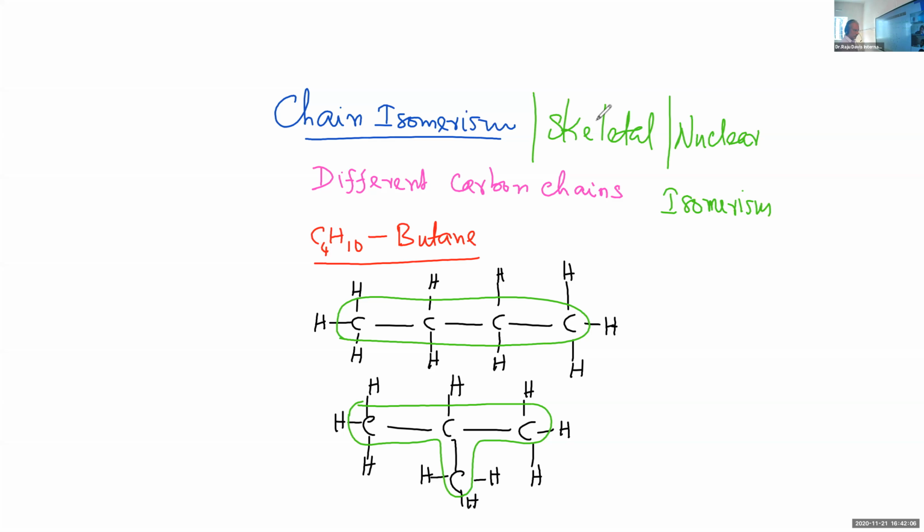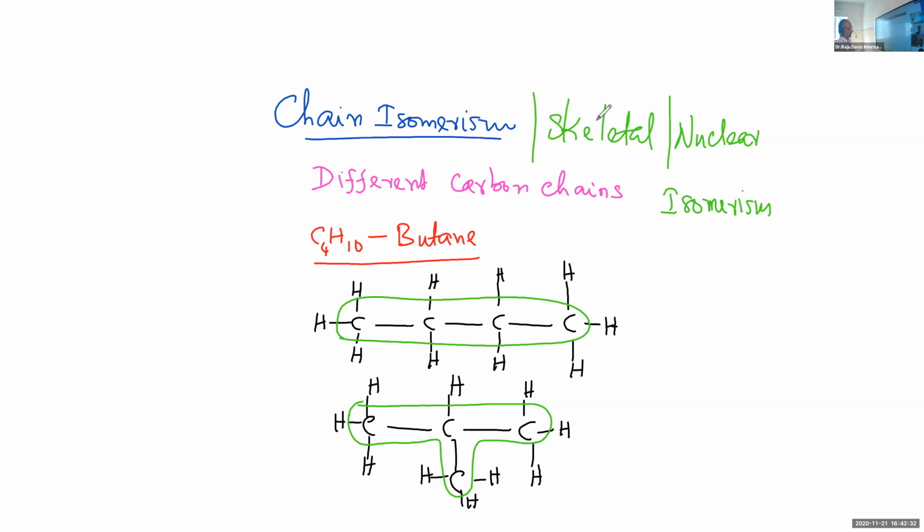Various terms are given. Nuclear isomerism has nothing related to the nucleus of the atom, but is related to the carbon skeleton. So, chain isomerism, skeletal isomerism, or nuclear isomerism. The carbon chains are different, the carbon skeletons are different.